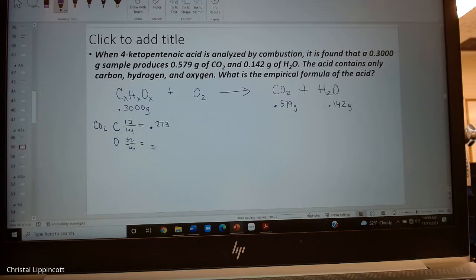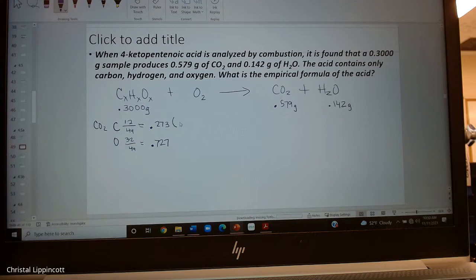I am so sorry. 0.727. Better? Okay. So this is 72. The reason why I knew right away that that was wrong is because this should add up to 1. So 72%, 73% of this mass is going to be the oxygen.